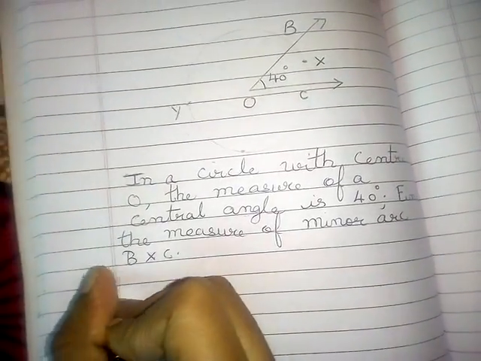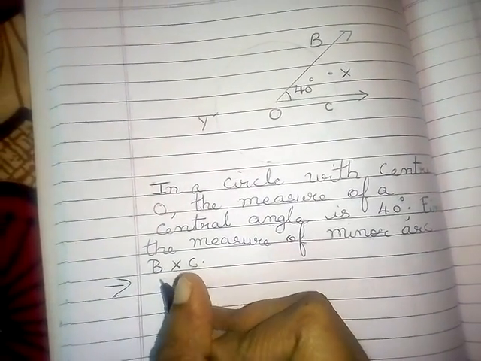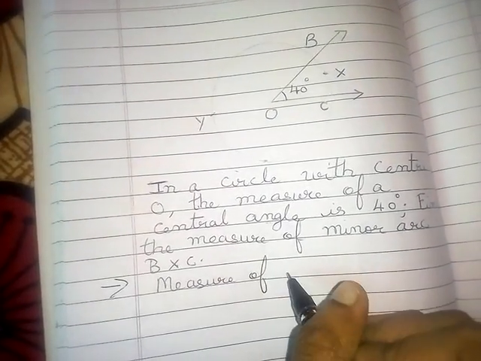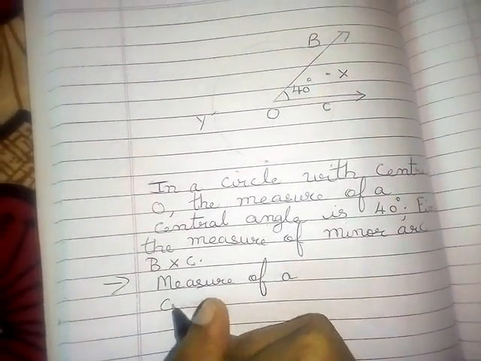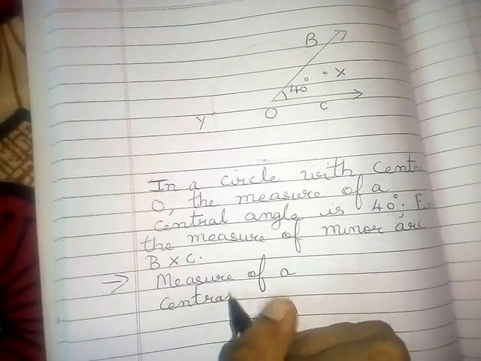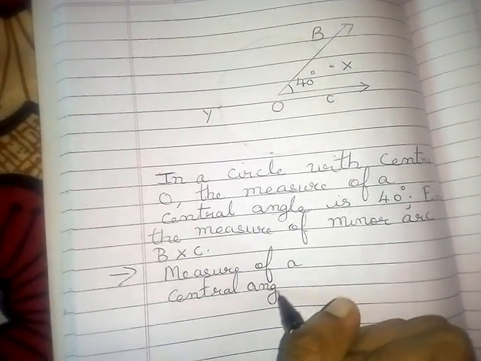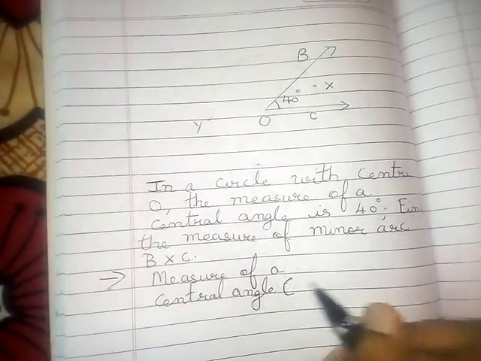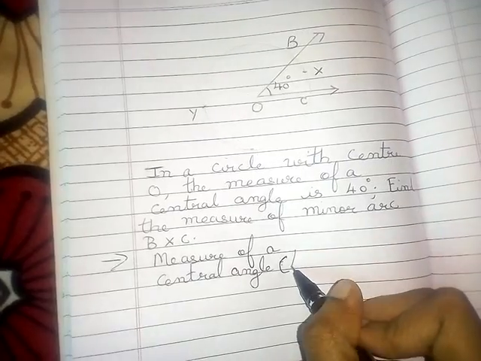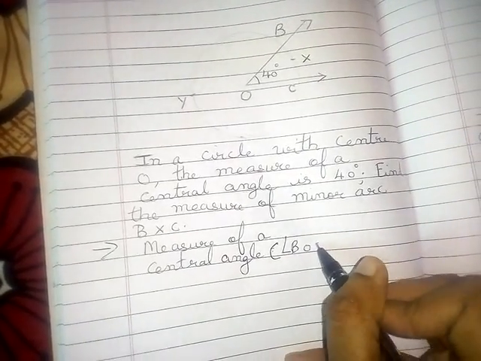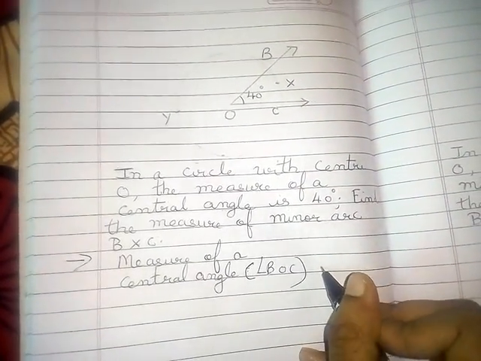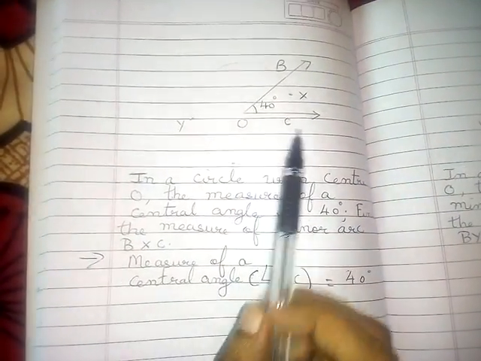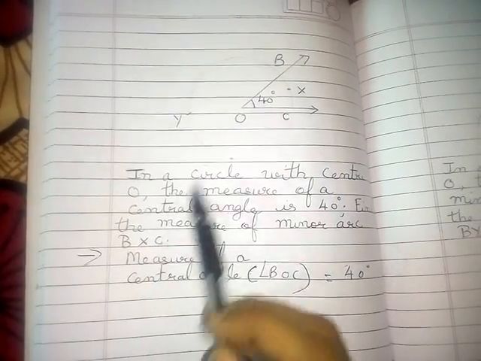Now measure of a central angle, in bracket you can write angle BOC is equal to 40 degree. You have to find measure of minor arc BXC.